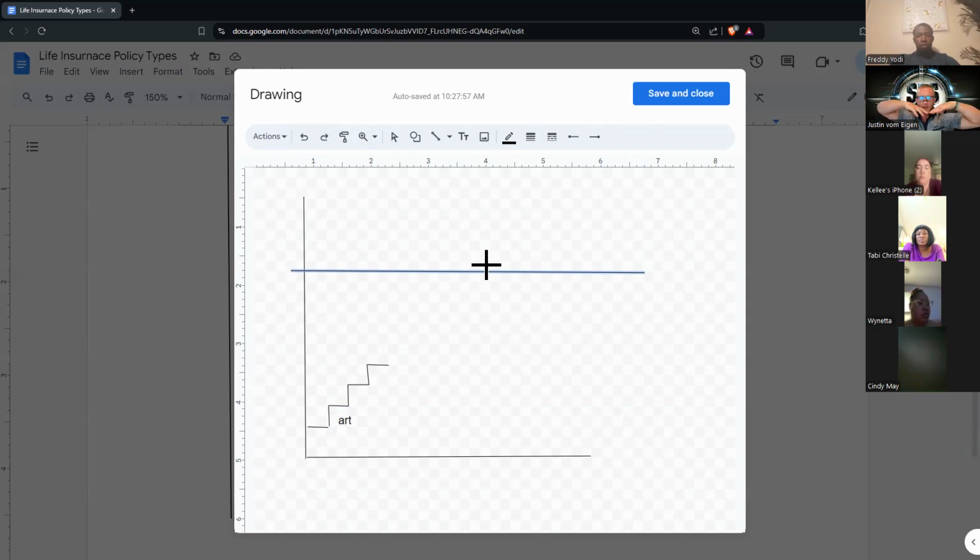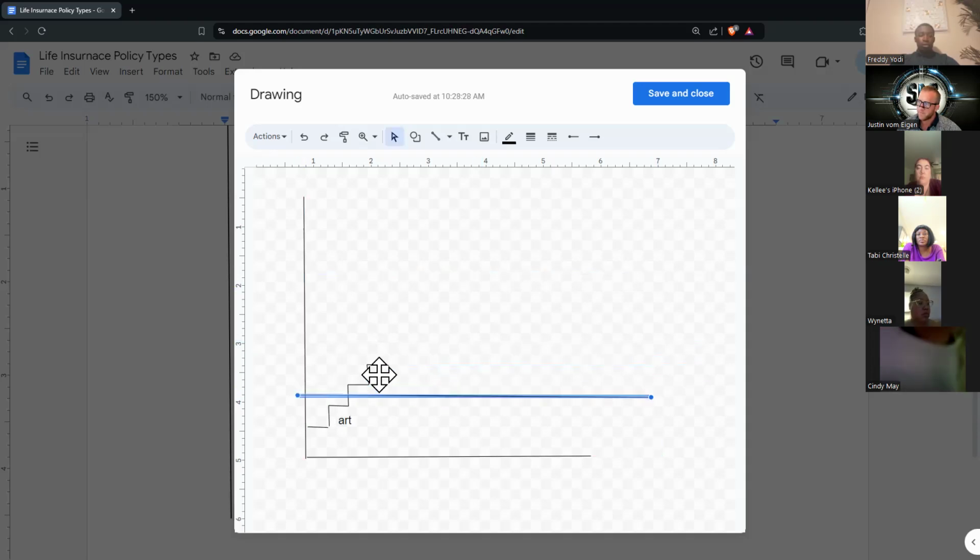So in an annual renewable, it increases a little every year. Level term is the same throughout. So say if it was level, it's going to be in the middle here. Because at first, the annual renewable is cheaper, but then it gets more expensive as it averages it out.